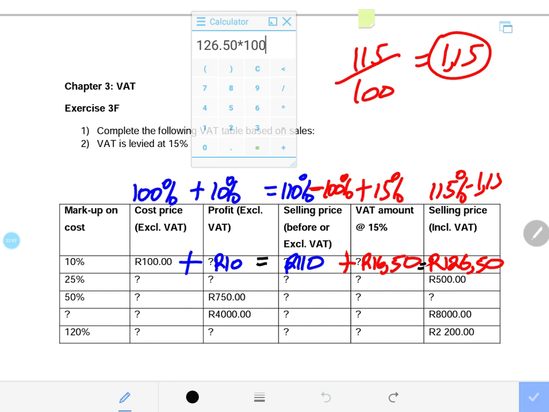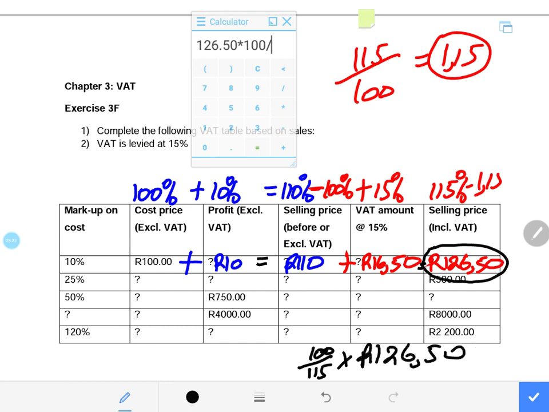Remember, in this case, the amount that we have, which we multiply by, is that 126.50. So in other words, we say 100 over 115 times by 126.50. This 126.50 is the one that is out of 115%, because we have already added the VAT of 15% in there.